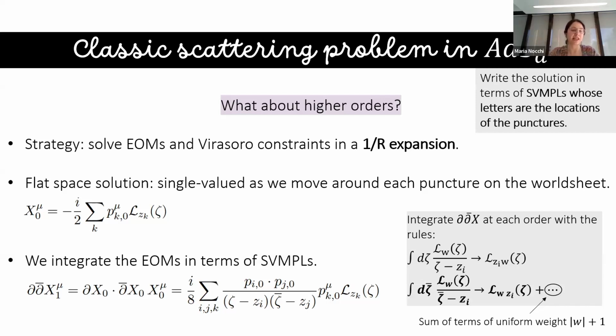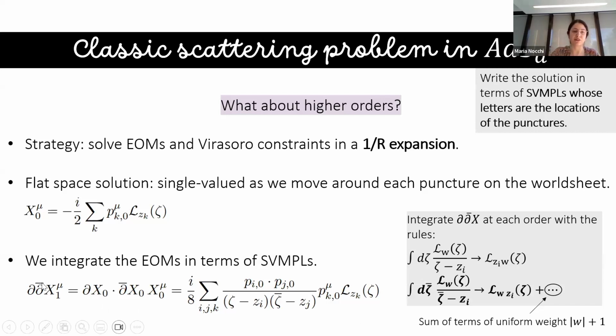And then we want to integrate the equation of motion. For example, at the first layer of correction, you have this equation of motion. For X1, only X0 appears on the right-hand side, and that will be recursively true at each order. If you plug the solution in here, you get this nice form. On one side, you have the single-valued multiple polylog of weight 1.